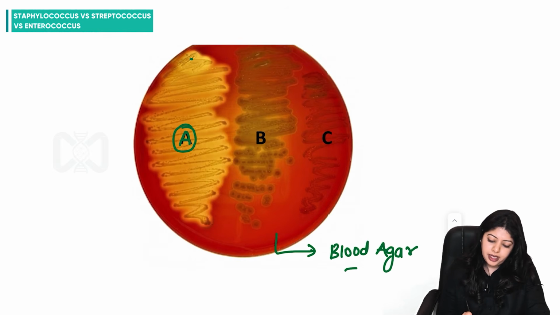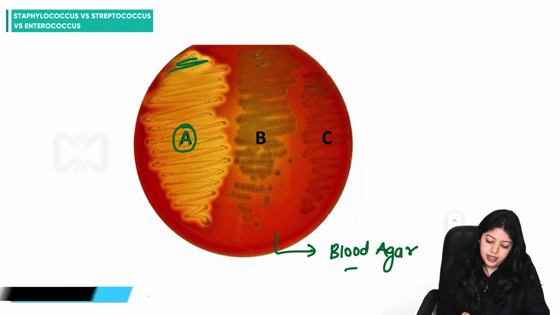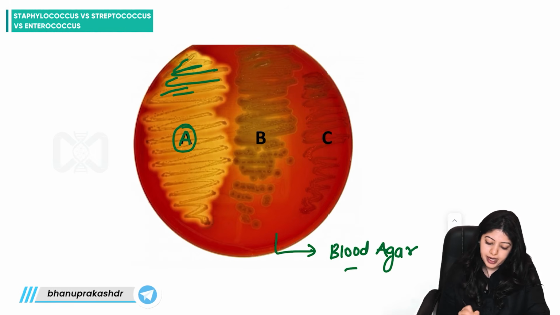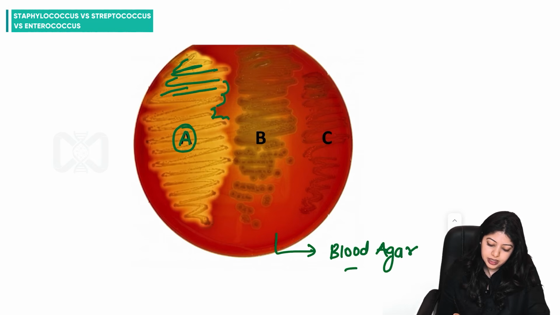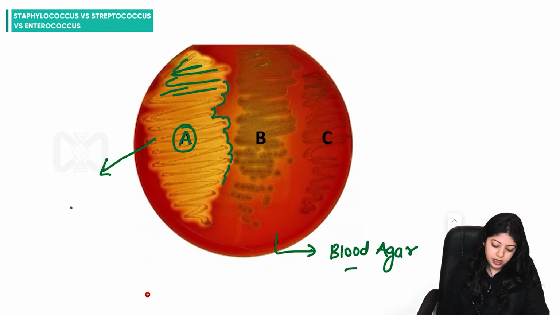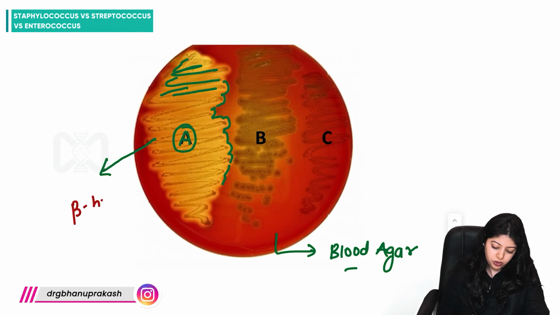In the very first part, we have the bacterial colonies, and around these bacterial colonies can we see complete clearing of the blood around the colonies? Are we able to see any discoloration? No. So this is beta hemolysis, or complete hemolysis.